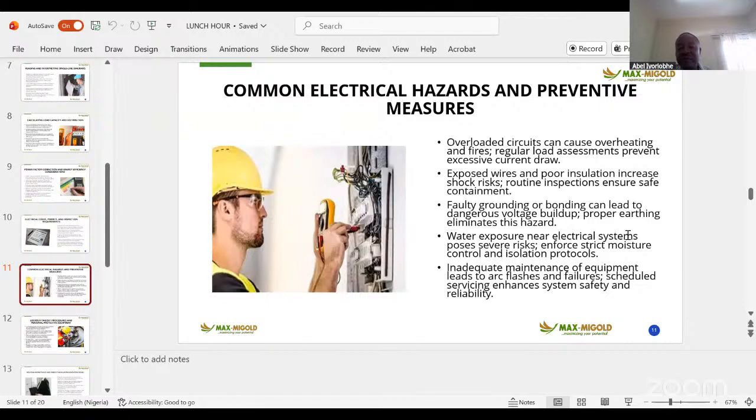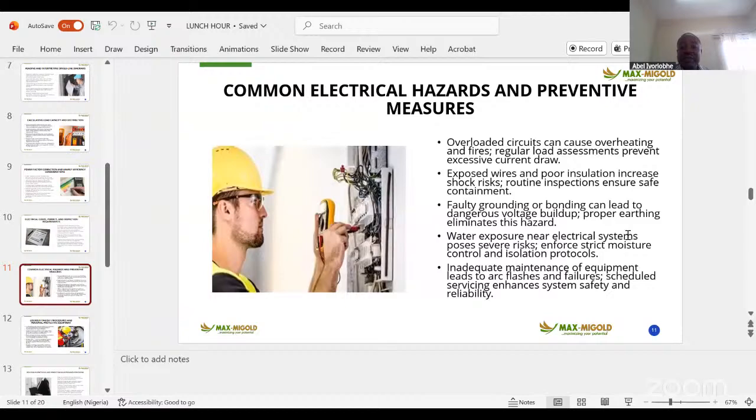Like the earth resistivity, it is assumed to be zero. When you see that it's going from 0.009 up to 1 ohm and above, you know that something is wrong. Ensure that you treat and maintain where you have the earthing arrangement in place.